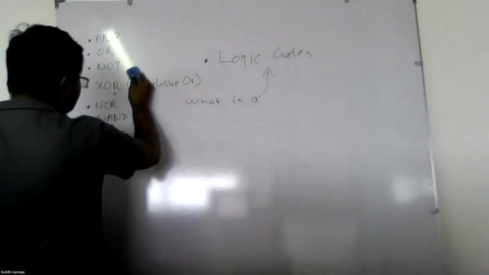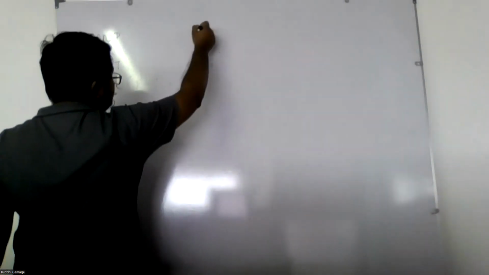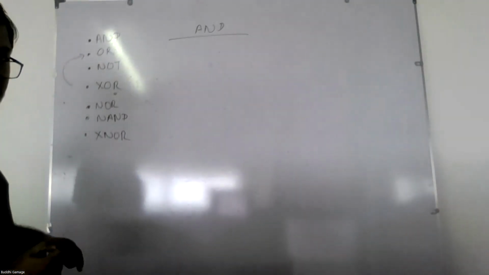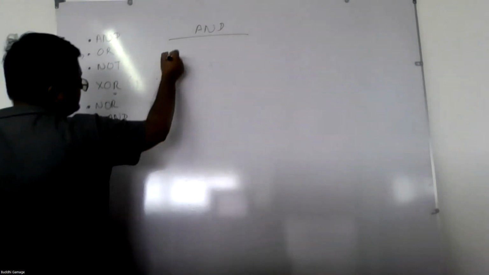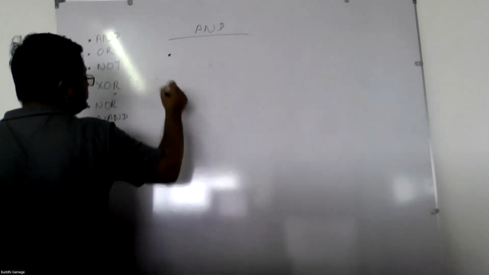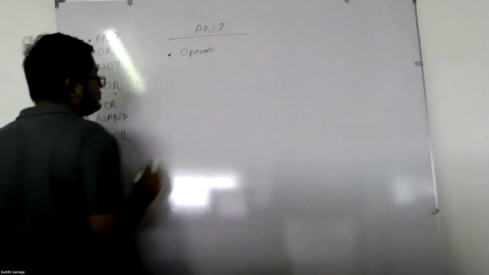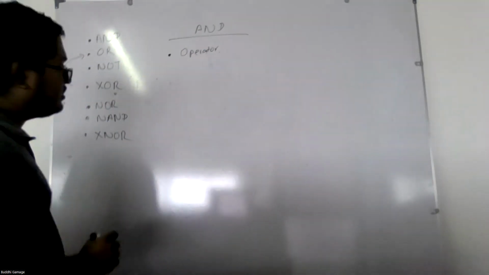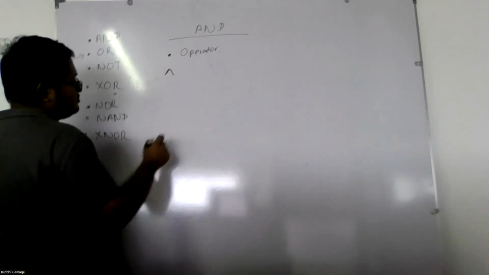So the first one is AND. We can say it is the dot operator in Boolean algebra, and we write it using this symbol.